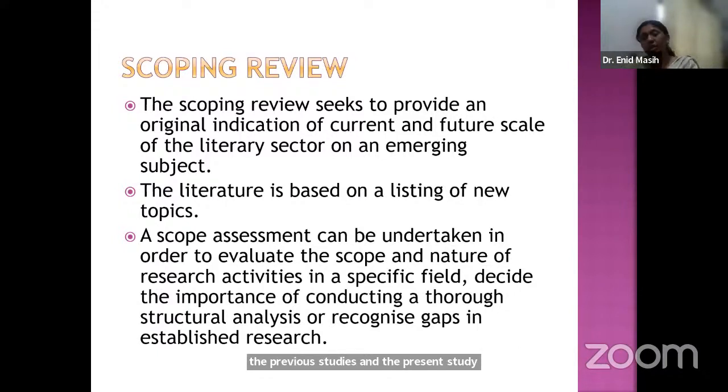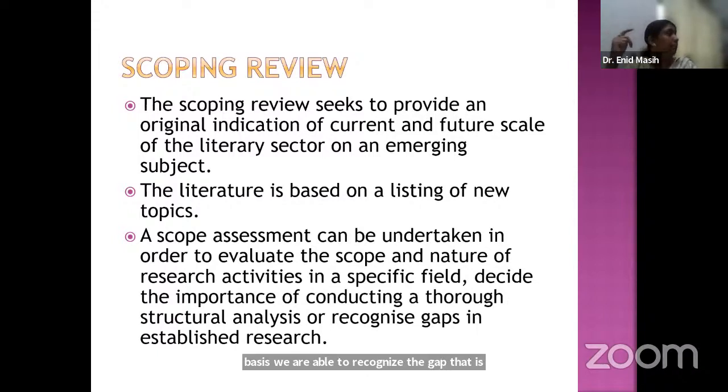But when we talk about a scoping review, it focuses on the whole process of gap recognition, on what basis we are able to recognize the gap. That is important.